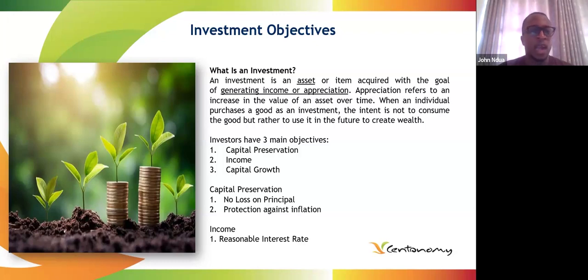And the final one is capital preservation. Let's just assume you have the money to be able to purchase that goal or to cater for the expense of that goal. However, the need for that goal is not now. You will need it in the next 5 years. For example, let's say you have 10 million in your account and that 10 million can actually buy a home.